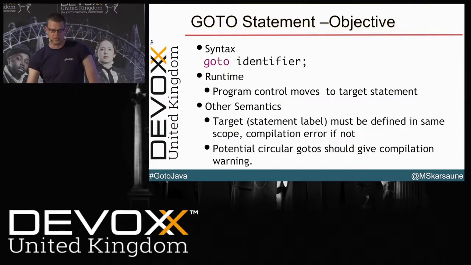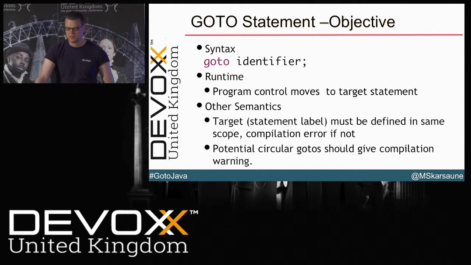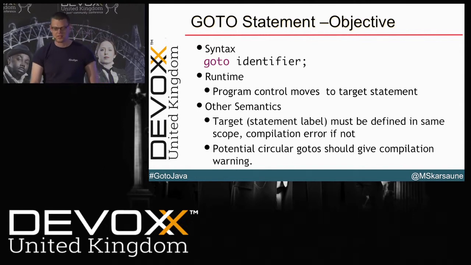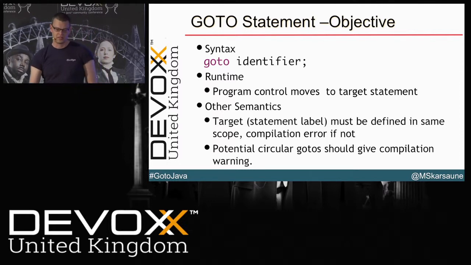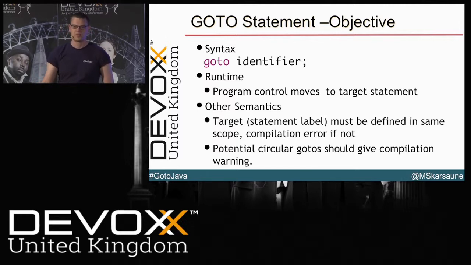So what we want to achieve is this. We want to introduce a new syntax to the language. So we use the keyword goto and then an identifier that should identify a label statement, and then we terminate the statement.